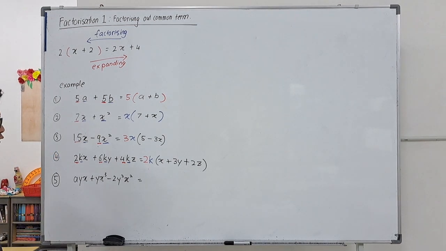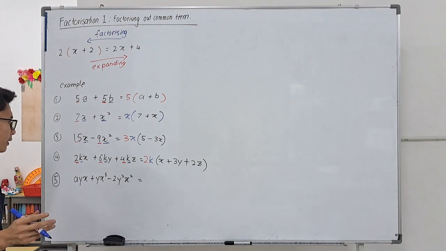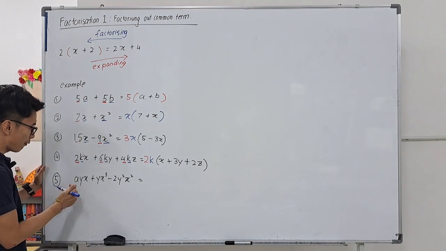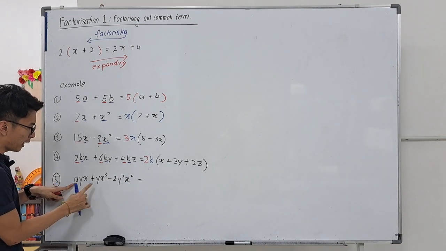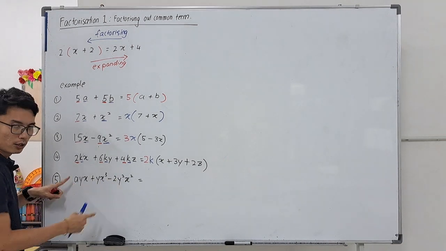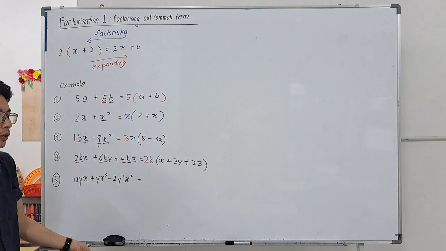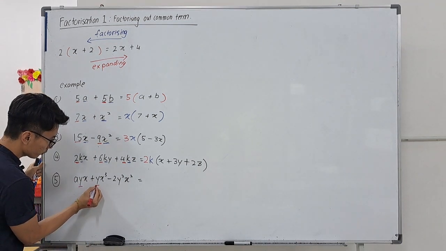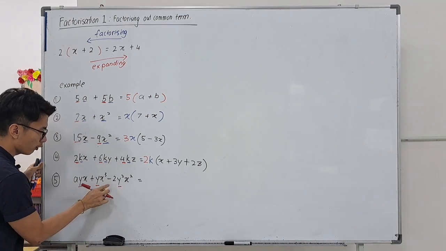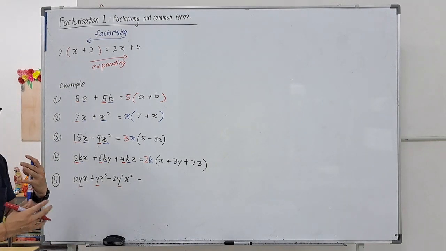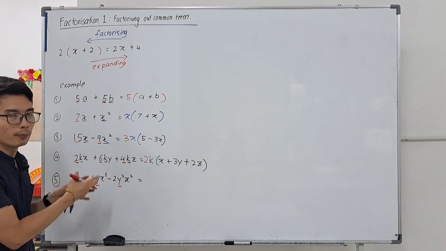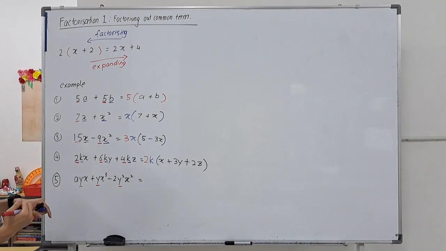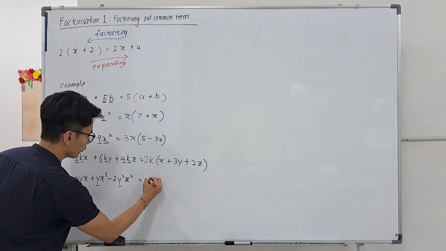So if you see I have a bunch of alphabets over there, let's try to identify which of the following alphabet we can extract. So let's say I have some a over here, but if you notice, I do not have a's over here, right? So I can't extract a out over here. But I have y. All three of these have y, which means that this is the thing that they have in common. I can extract y out. So how many y's can I take out right now? I can only take out one of them.